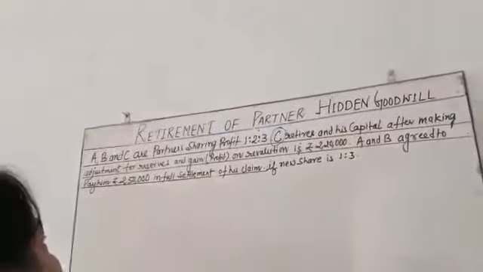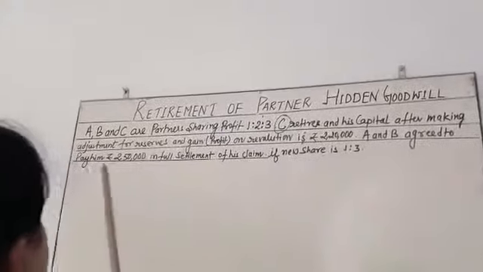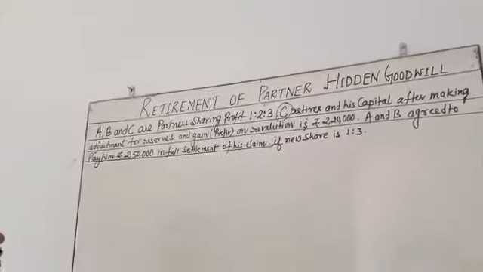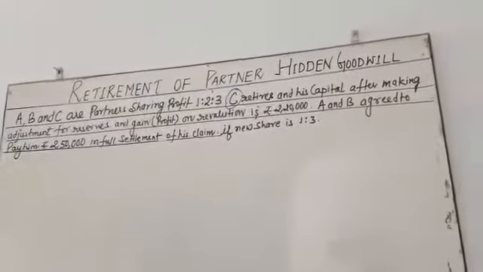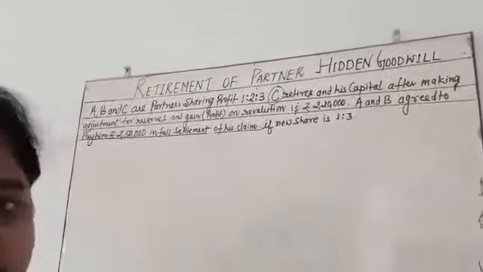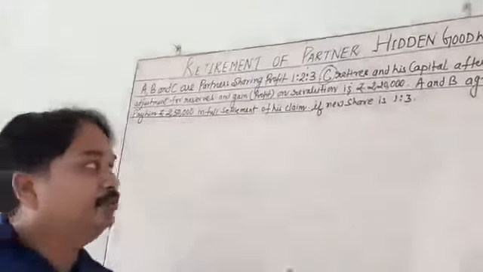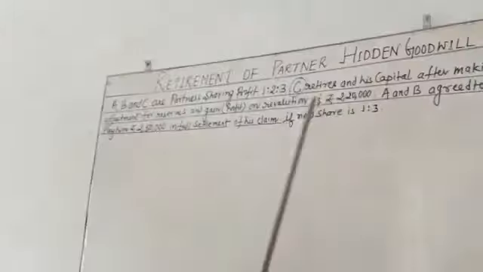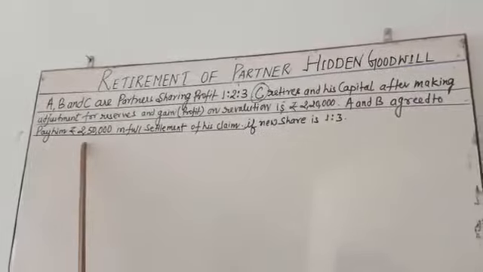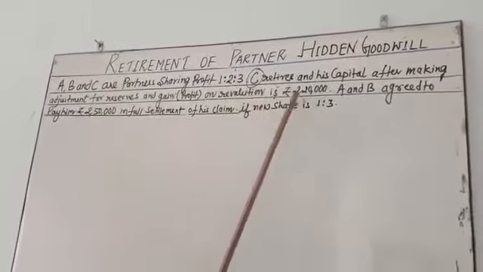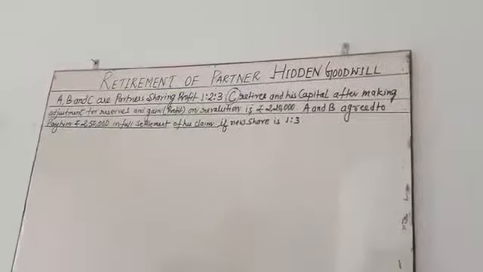But A and B agreed to pay him 2,50,000 in full settlement of his claim. My dear student, you have to see that A and B are going to pay 2,50,000 rupees. That means 30,000 rupees is excess.